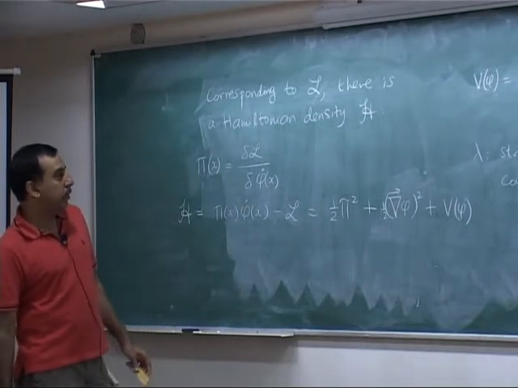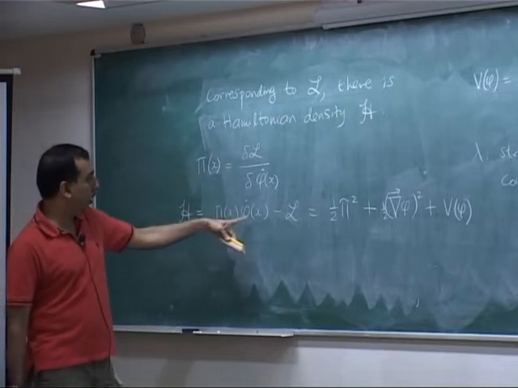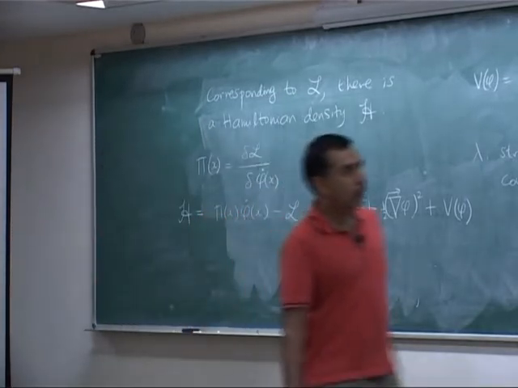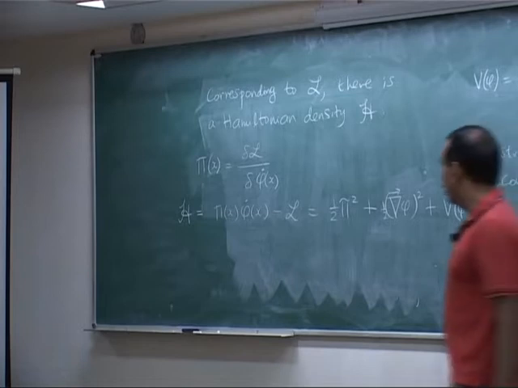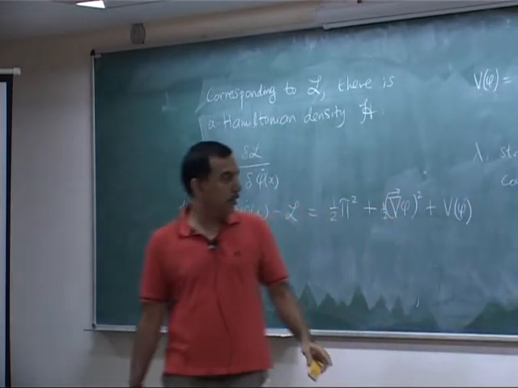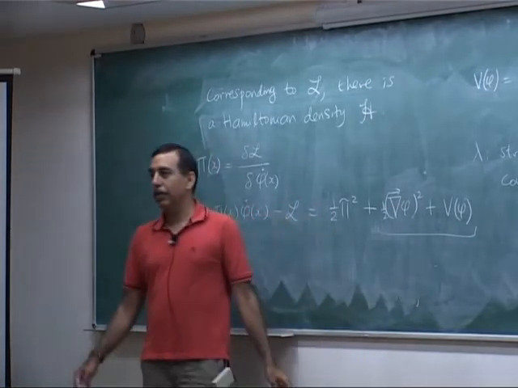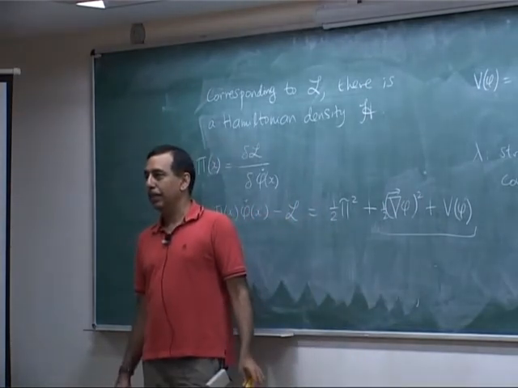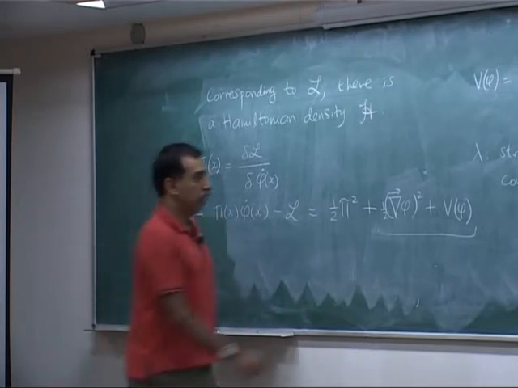So what happens is that this procedure of calculating pi and writing pi phi dot minus L really acts only on the phi dot squared term of all this. Everything else is potential with a minus sign in the Lagrangian. So it comes back as potential with a plus sign in the Hamiltonian. Hamiltonian is T plus V. So everything is clear. This is the potential.